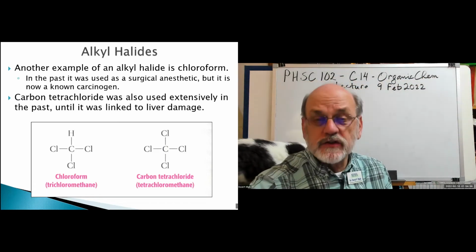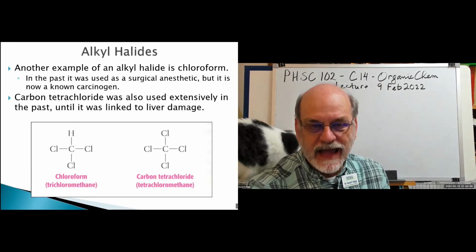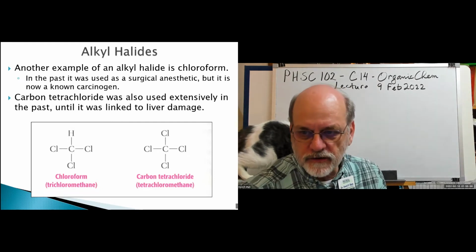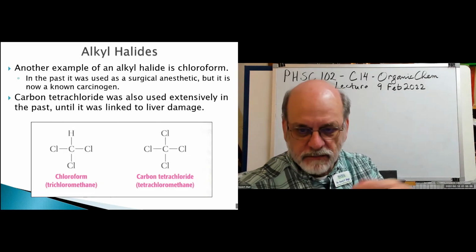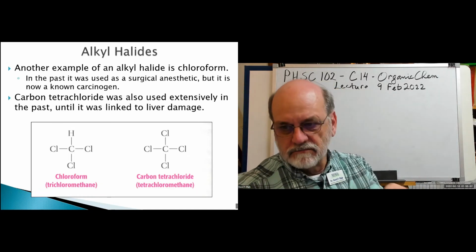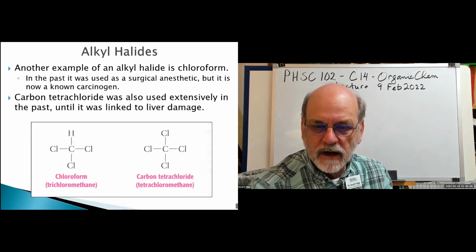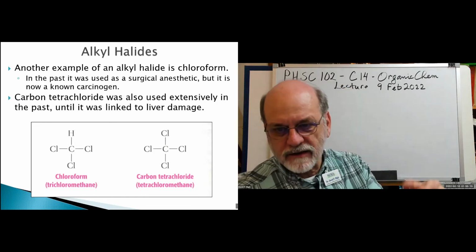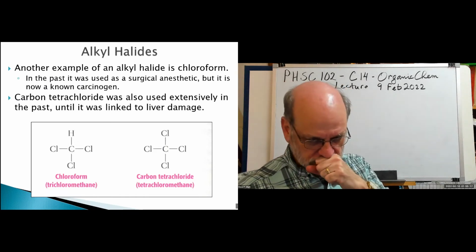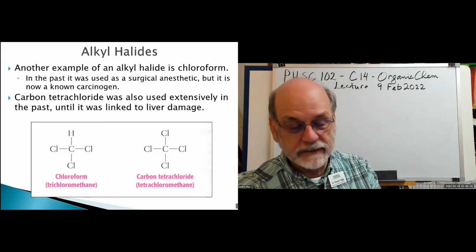Carbon tetrachloride used to be used as a dry cleaning agent. So you'd send your fine clothes off to be dry cleaned. That's what they would do. They would submerge them in their washing machines in carbon tetrachloride, and that would clean them without damaging the fibers. And then when you pull them out, the carbon tetrachloride would evaporate.